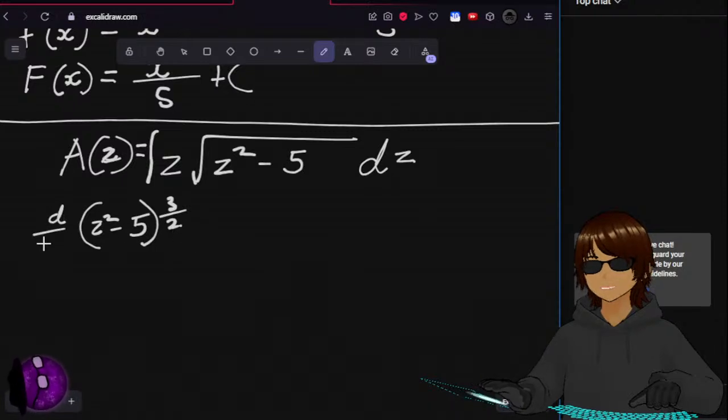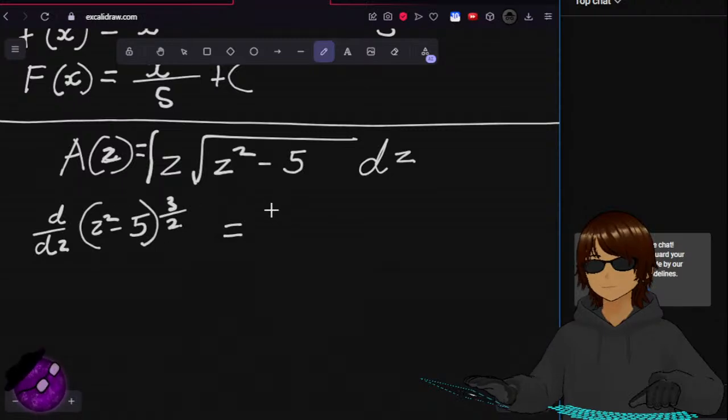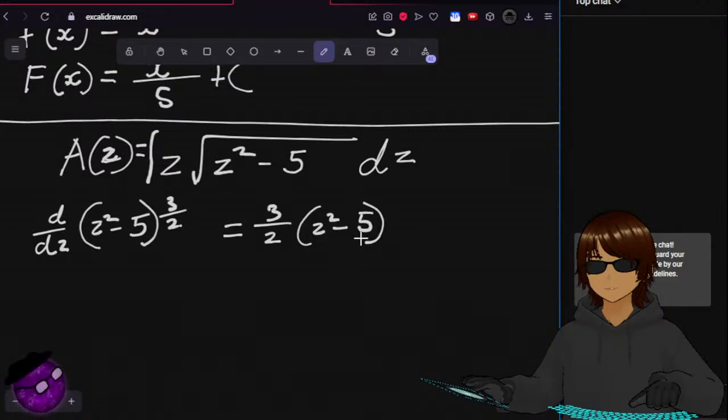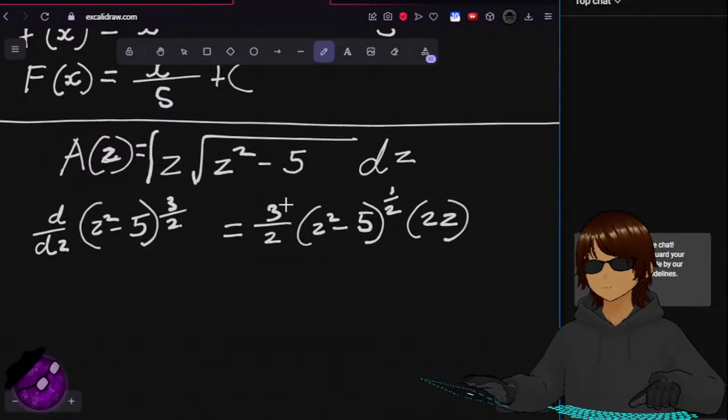Let's differentiate this. If I subtract 2 over 2 from this, I get half. And then 2z. 2 and 2 will cancel out, so I'll be just left with z. But there's a 3 here.